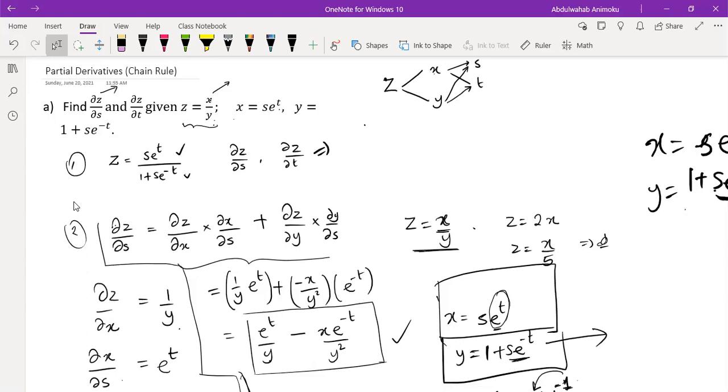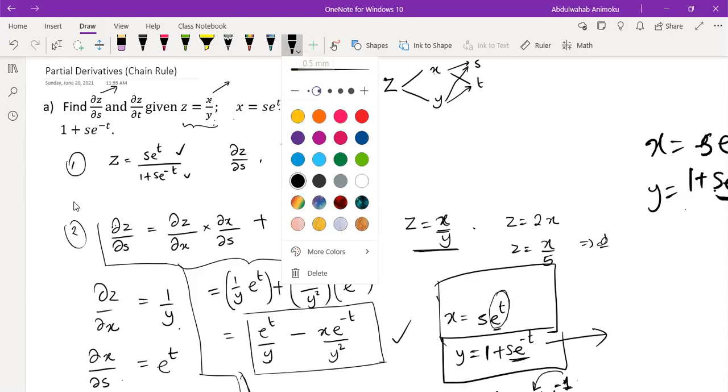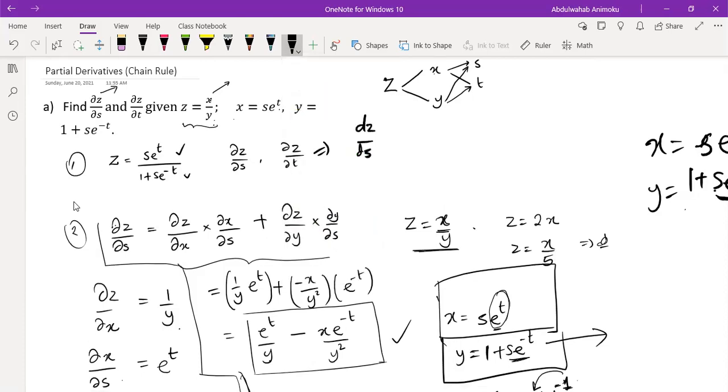Now we can find del z del s, right? How do we do that? Notice that this is a quotient rule, right? So we can think of this as the numerator, s e raised to power t, and the denominator, 1 plus s e raised to power minus t.